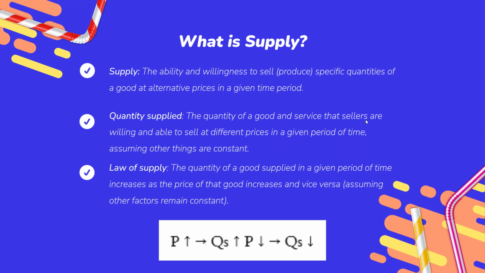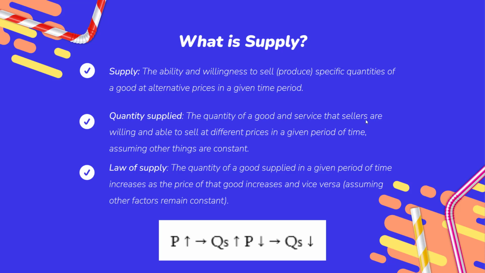Let's talk about what supply is. Supply is the ability and willingness to sell products, specific quantities of a good at alternative prices in a given time period. Quantity supplied is the quantity of goods or services that sellers are willing and able to sell at different prices.